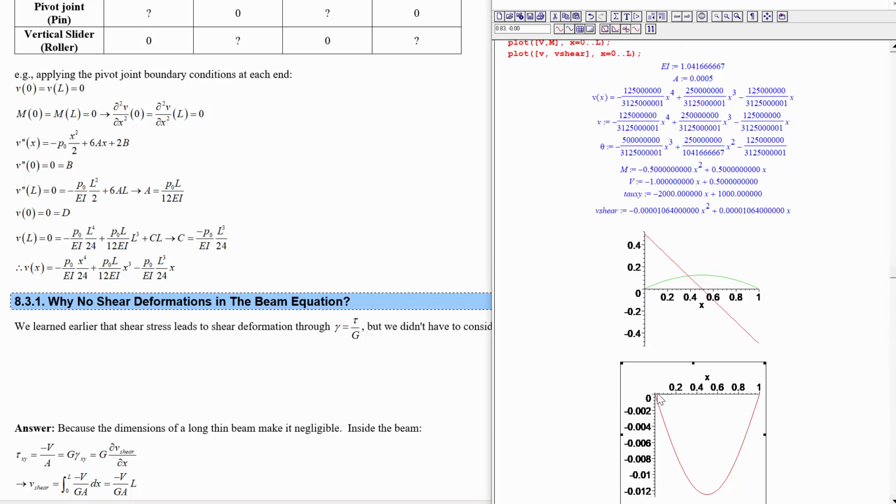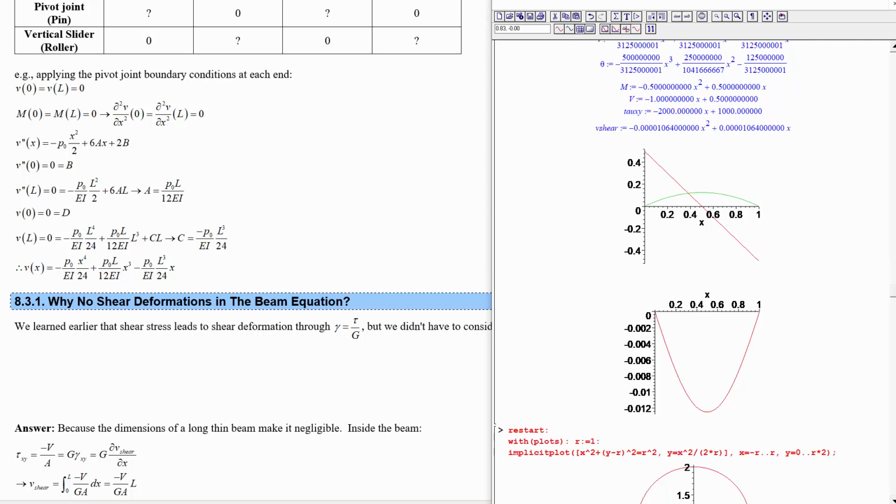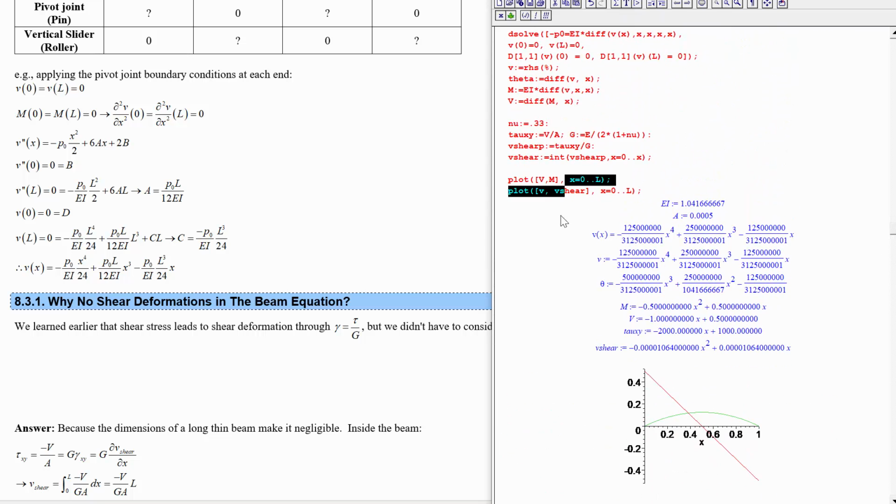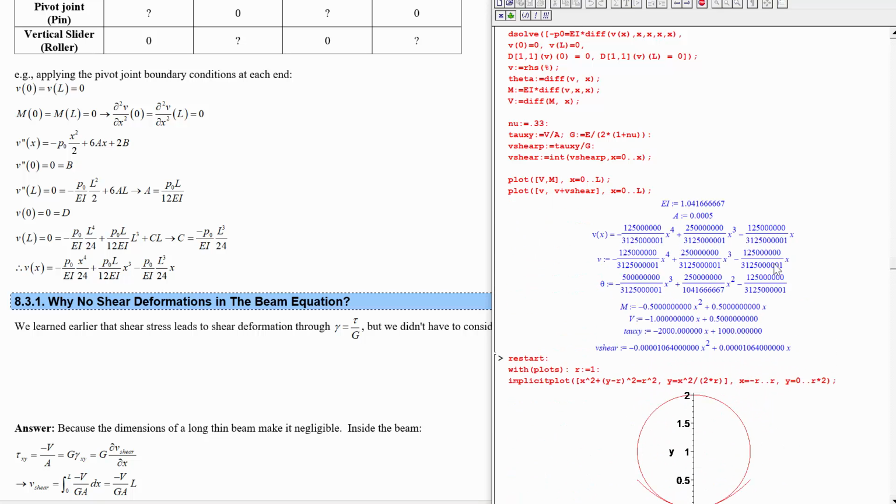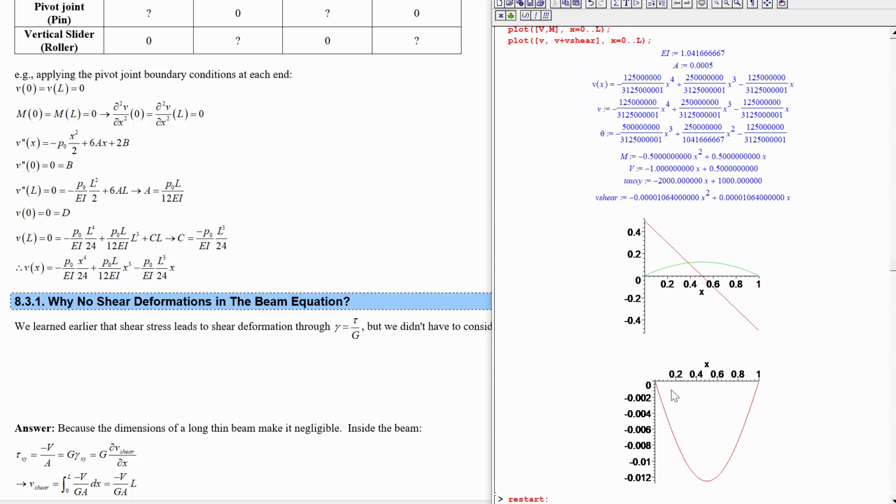Here's the displacement from bending. We have this much displacement. What about the displacement from shear? I'm not sure where it is. So let's add the displacement from shear. We'll take the original bending, account for that shear displacement too, and see how that affects things, and add them together.